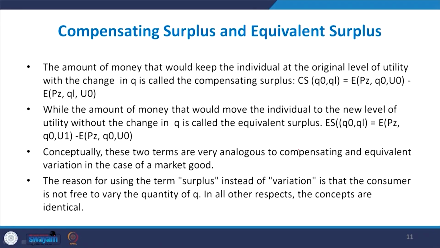Okay. Now, you can understand the welfare effect of environmental change. The same concept can be applied in case of environmental goods, and here we are going to introduce compensated surplus and equivalent surplus to explain the welfare effect of change in environmental quality.